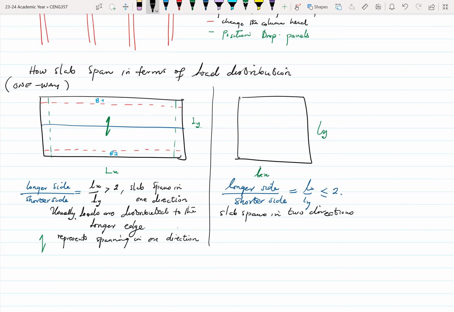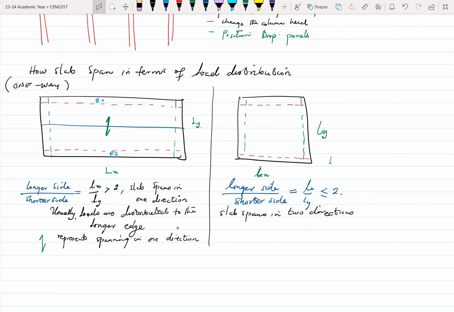All right. And this is important to us, which means that if there are beams on these four edges, so we have these four sets of beams, it means that each beam will receive some of the load coming from the slab, and what portion of loads depends on the dimensions of the slab.